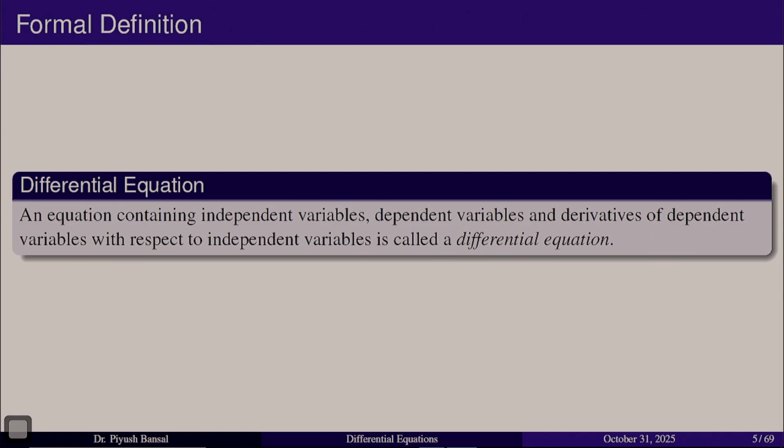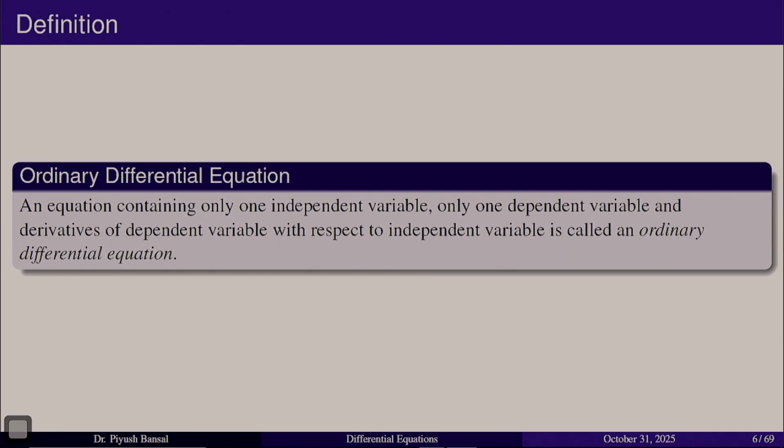Now, in our course, we are going to study ordinary differential equations. An ordinary differential equation basically is an equation which contains only one independent variable, only one dependent variable, and the derivatives of the dependent variable with respect to the independent variable.